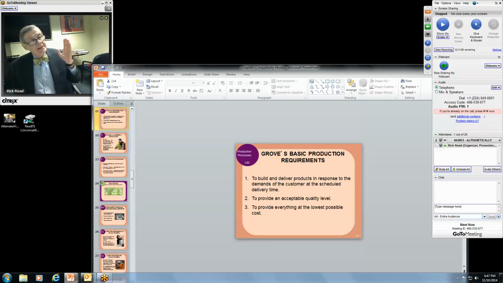Now, that does not mean, and please take this as I mean it, cheap or on the cheap. What it means is doing everything we have to do to, one, reduce our costs in operations and production, and two, to deliver that saving to the customer, so that we're giving the customer what he or she expects.